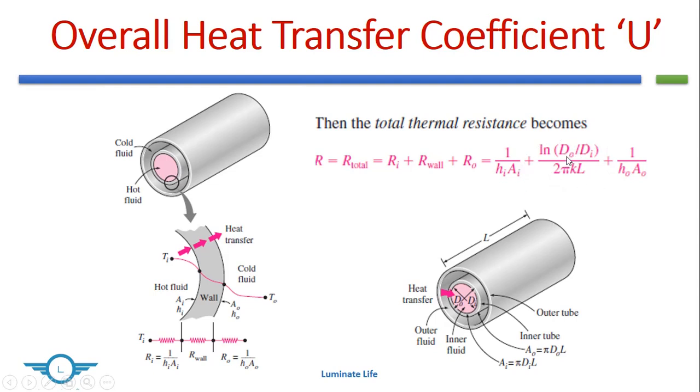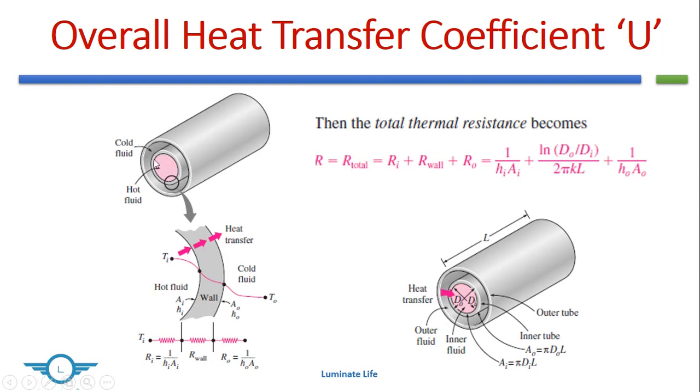This formula we had already learned in conduction, and then again convection resistance. Here you can see the two areas Ai and A0. Ai will have an inner diameter Di. A0 will have the outer diameter Do.